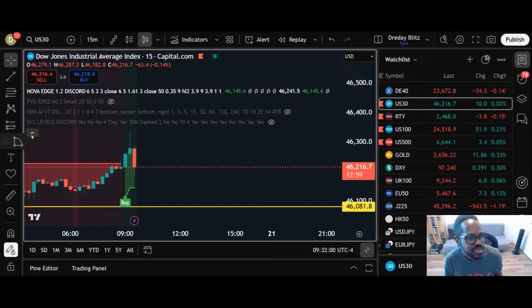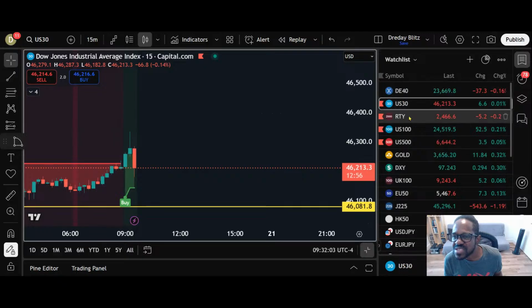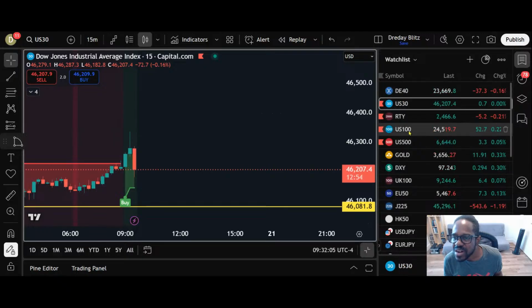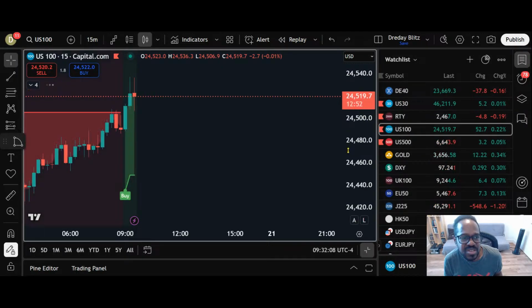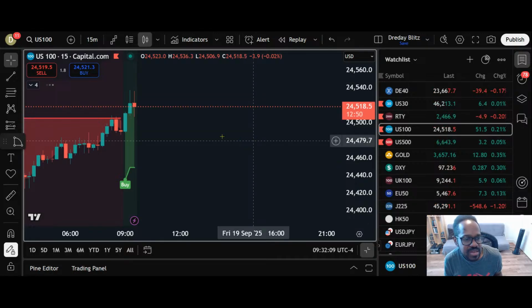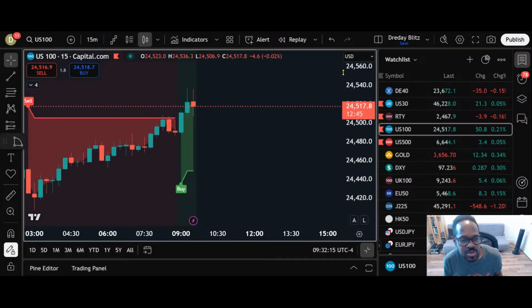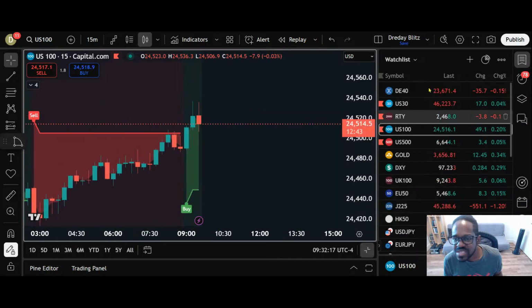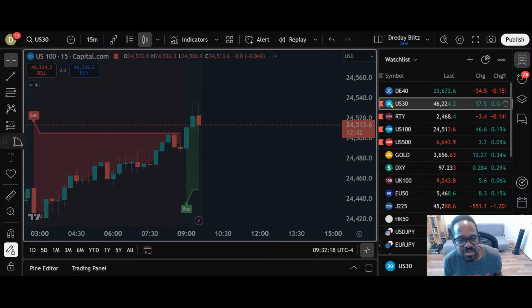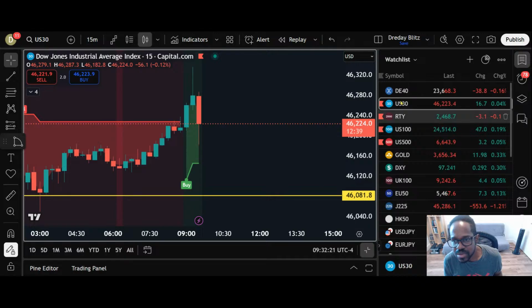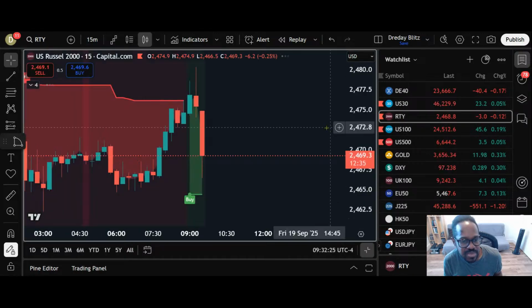So I'm just gonna close this, and we're gonna be focusing on US 100, US 400, so Nasdaq. Overall, all of the indices here were bullish. If we do a rundown, US30 was a buy, Russell 2000 should be a buy.